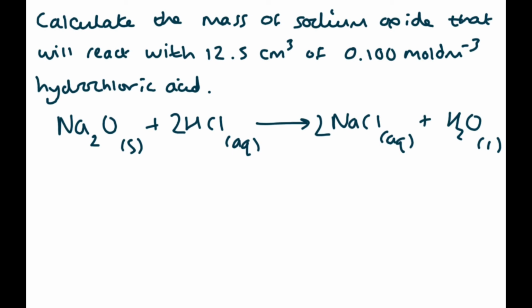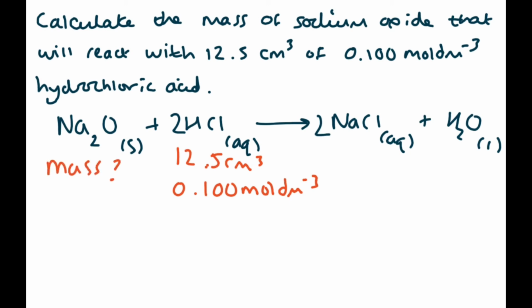Let's write the key information underneath each item. So you've got 12.5 centimeters cubed of acid. We've got 0.1 concentration, and the job is to find the mass.